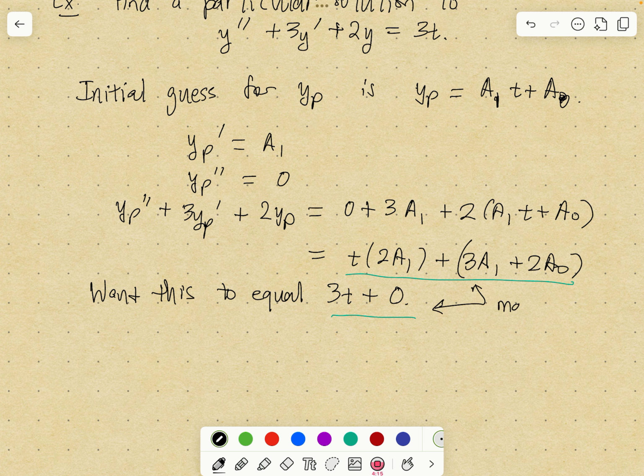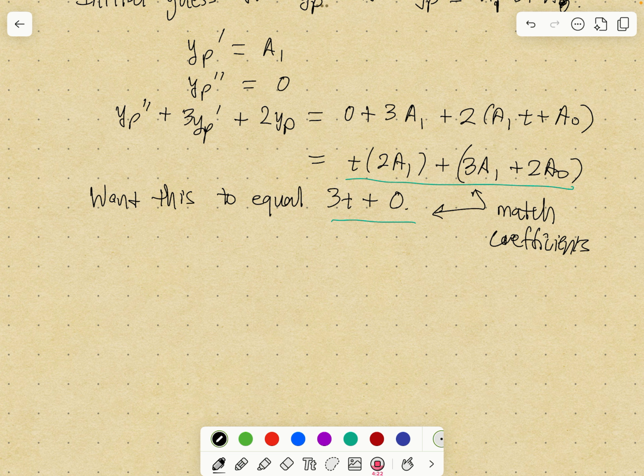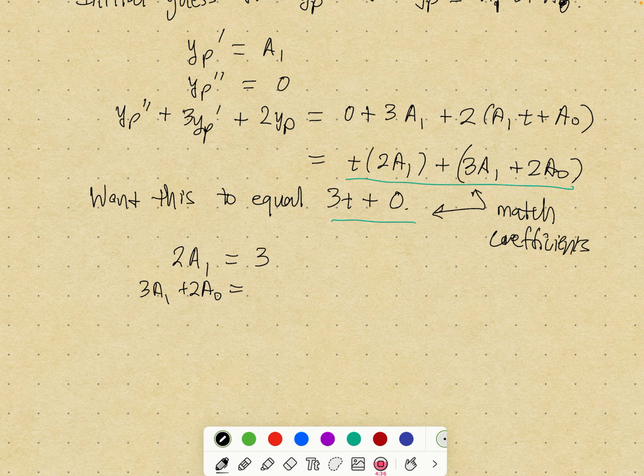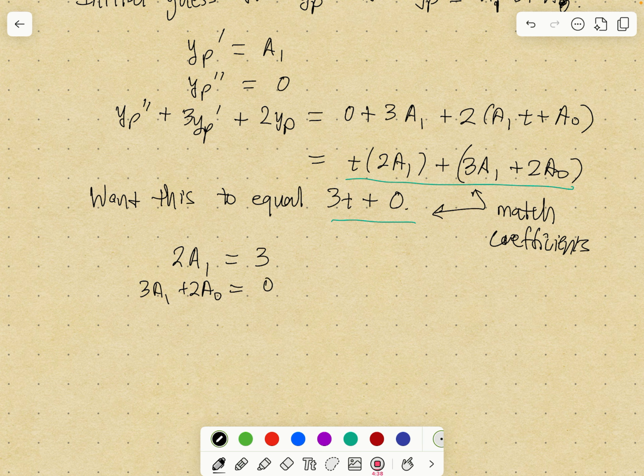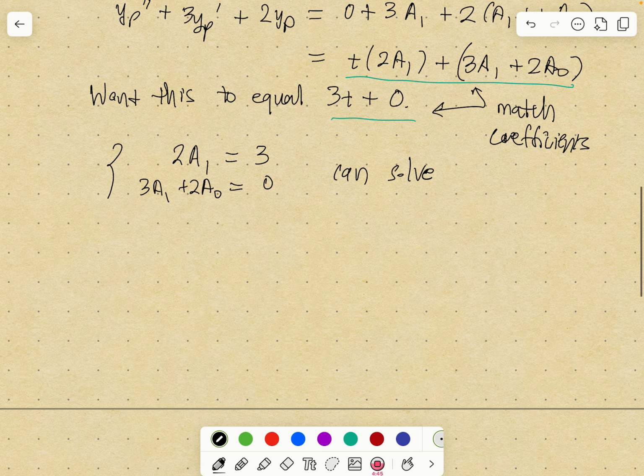So what we can do is match the coefficients together and solve. When we set the coefficients of t equal, we see that we need 2a1 to equal 3. And for the constant term, 3a1 plus 2a0 needs to equal 0. This is a system of equations, and we can solve it, right?